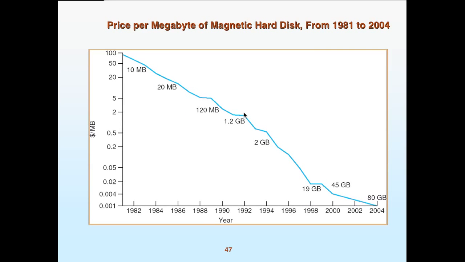Price per megabyte of magnetic hard drive, 10 megabyte hard drive, wow, $100. Number of megabytes, dollar per megabyte, wow. Actually, I remember the 20 megabyte hard drives back then were like $250 or something like that to add one on.